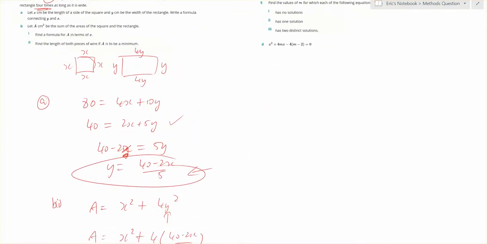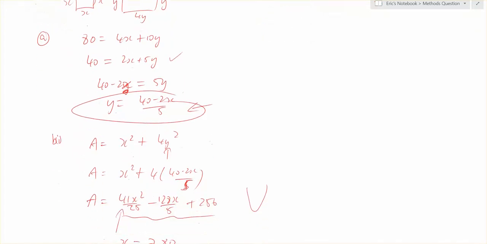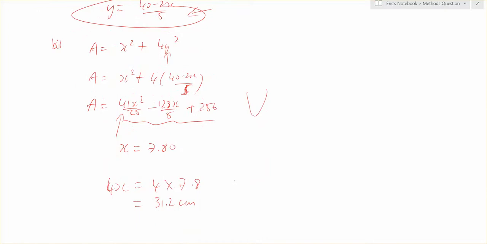And we know that the length of the y wire is 10y. So 10y equals 10 times (40 minus 2x) divided by 5, where x we know is 7.8. So let's just work that out on the calculator.